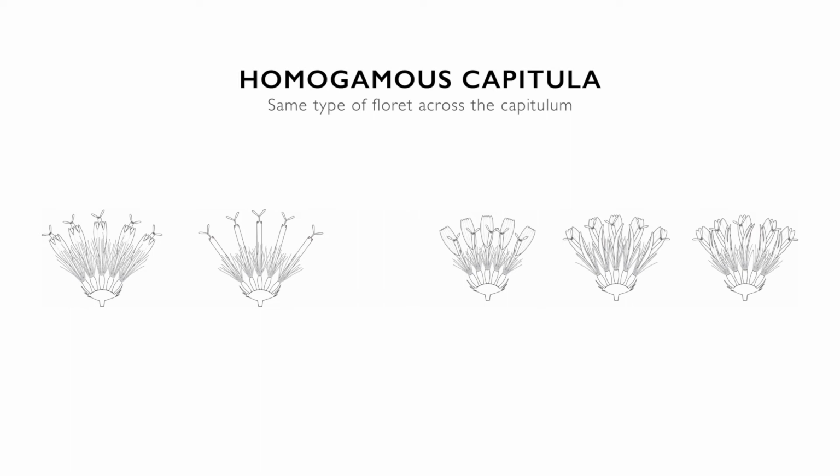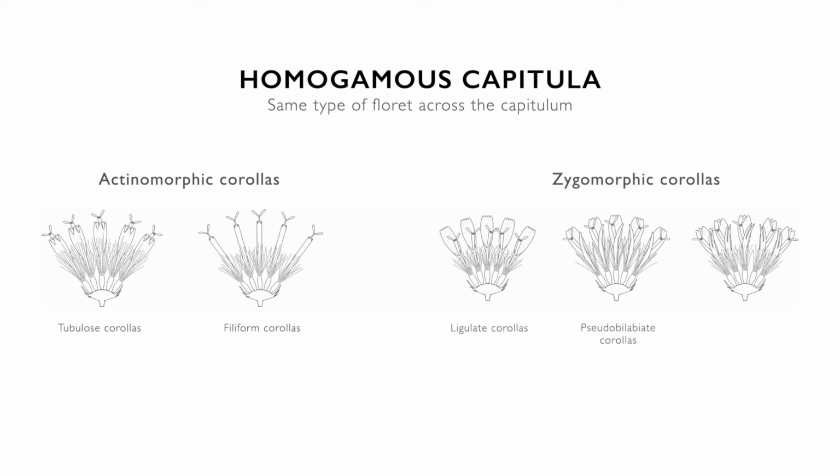If we take a little step further into the type of Capitula, when Capitula have only one type of floret, they are called homogamous Capitula. And they could be made of just actinomorphic corollas, like in these two cases, one in which we only have tubulose corollas and the other in which we only have filiform corollas, or a case of homogamous Capitula composed exclusively of florets with zygomorphic corollas, like in this case with only ligulate corollas, or pseudobilabiate corollas, or only bilabiate corollas.